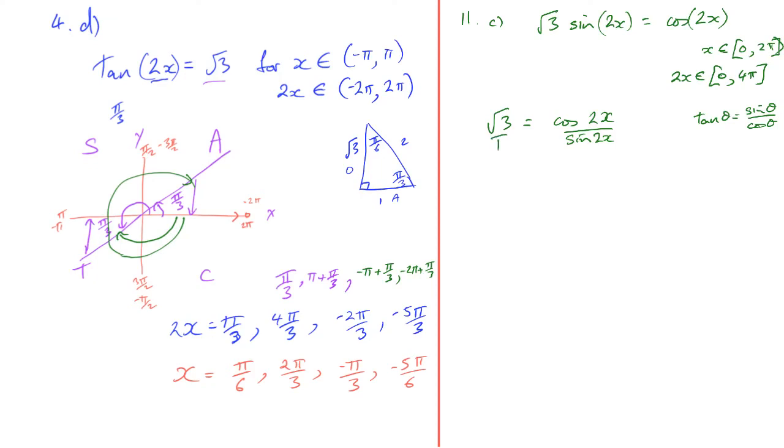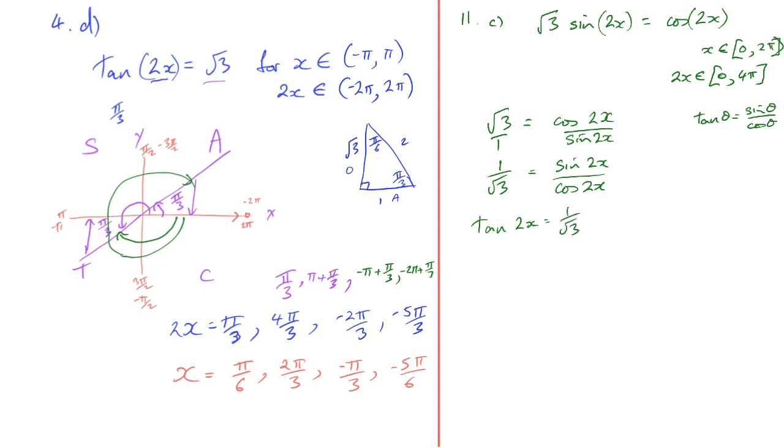So what I'm going to do is flip it over. I've made the root 3 as root 3 over 1. When I flip it, it becomes 1 over root 3, and this becomes sine 2x over cos 2x. And that means that sine 2x over cos 2x, tan 2x, equals 1 on root 3.